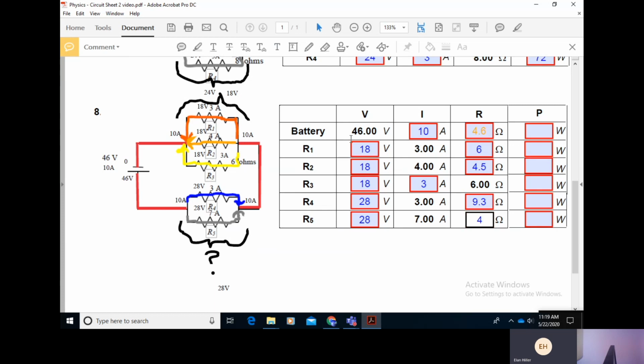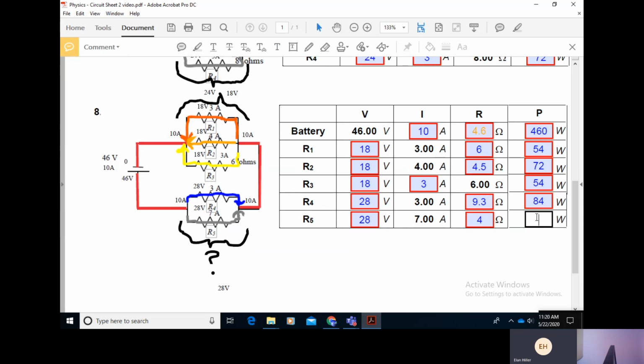Let's figure out our powers. Well, the total power would be 46 times 10, or 460. The power across resistor 1 would be 18 times 3, or 54. The power across R2 would be 18 times 4, which would be 72. The power across R3 would be 18 times 3, which is 54. The power across R4 would be 28 times 3, which would be 84.